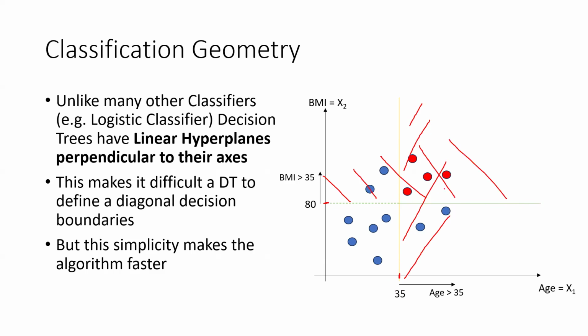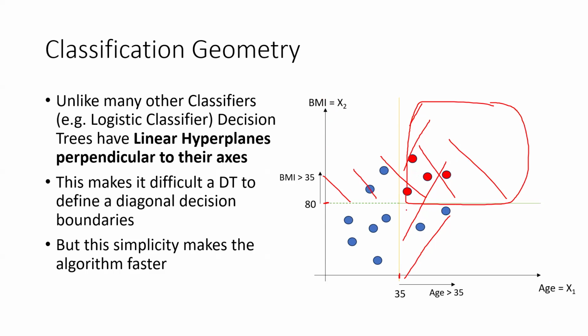When these two areas are combined, you have this particular area where the x1 and x2 conditions are both satisfied. So here you can find the people with cardiovascular disease.